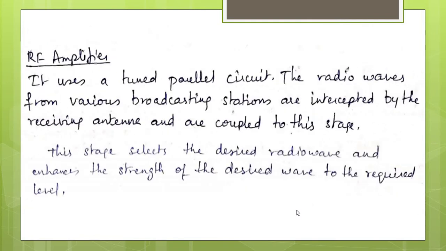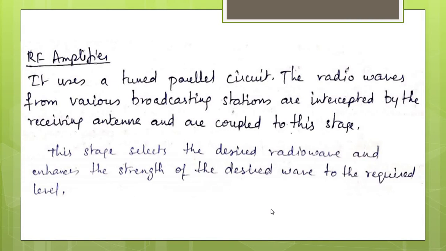If you see the first block, we have an RF amplifier. The RF amplifier is a tuned parallel circuit. All the radio signals which are coming from the various broadcasting stations are intercepted by the receiving antenna and are coupled to the RF amplifier stage. The purpose of using this RF amplifier is that it has to select only the desired frequency signal and reject all the undesired signals, because the antenna has an ability of picking up each and every signal.